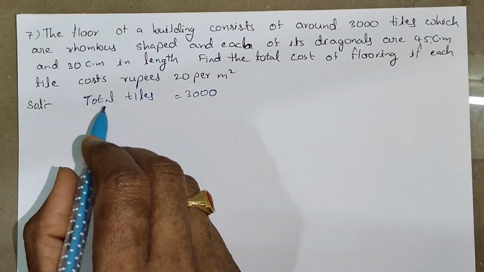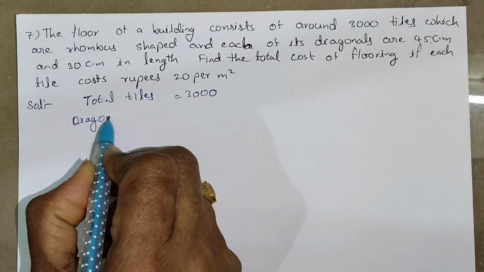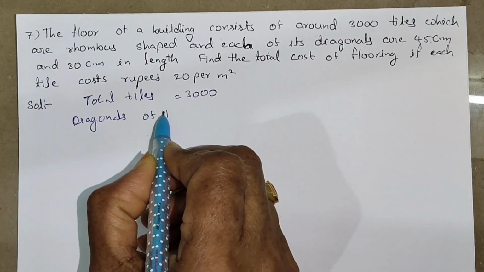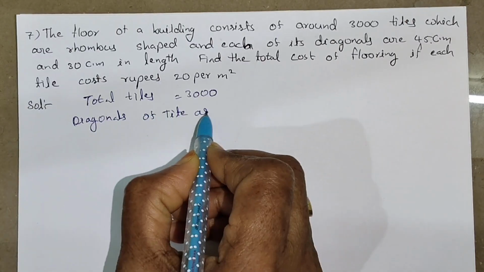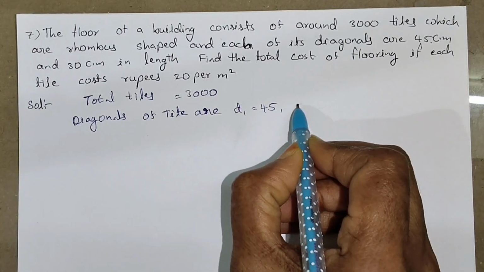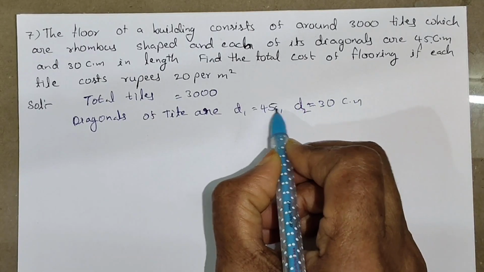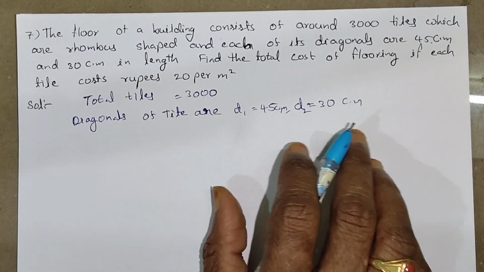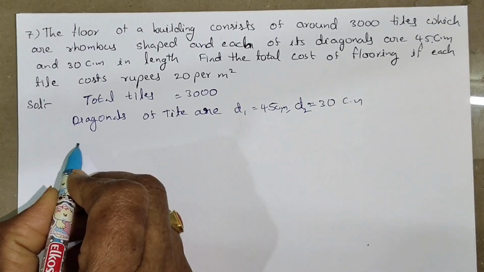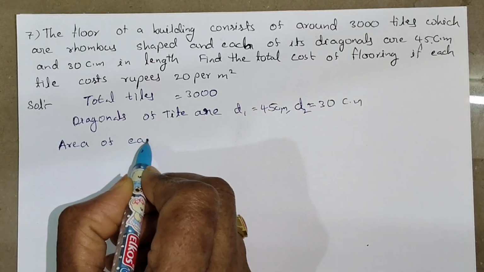So now the diagonals of a tile are D1 equal to 45 and D2 equal to 30 centimeters. These two are the diagonals of a tile. So now we find the area of each tile.